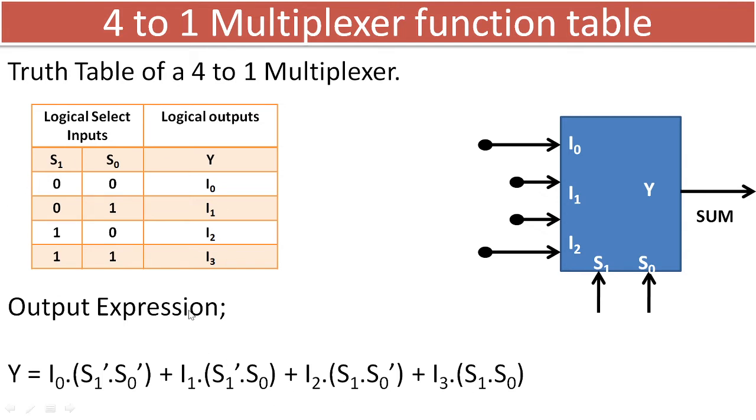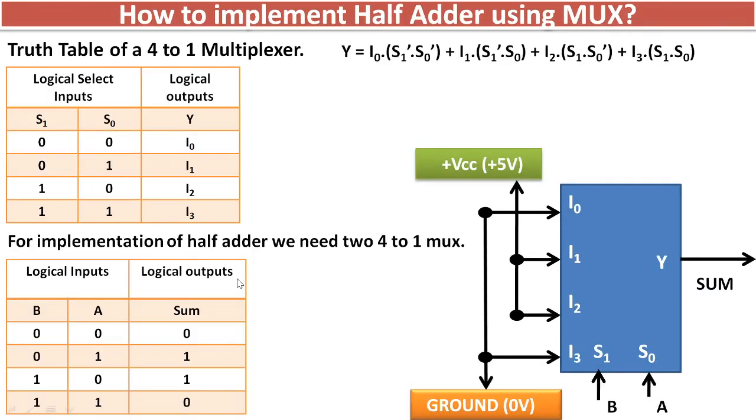Now if we consider the diagram here, where we have included only one output of the half adder, which is the sum, and if we write down the output expression of the multiplexer and also the sum, we can see there are only two terms in the sum, that is B bar A and B A bar.